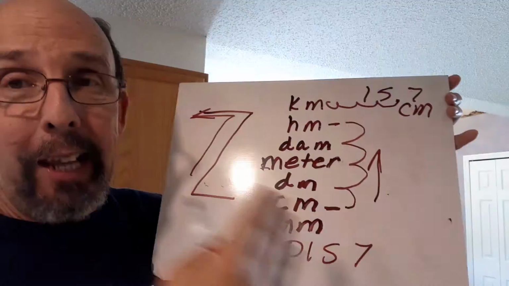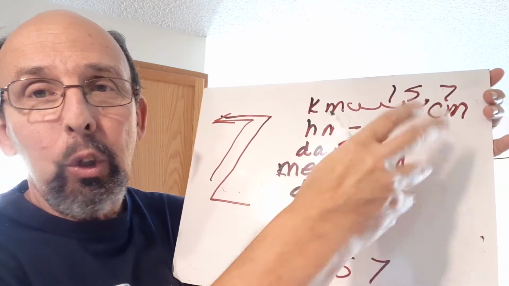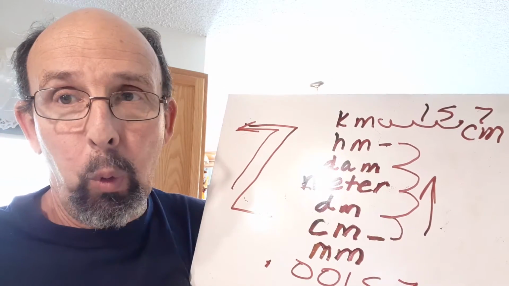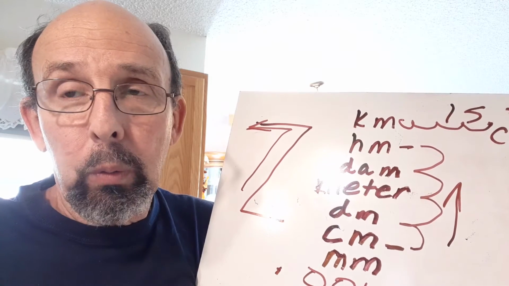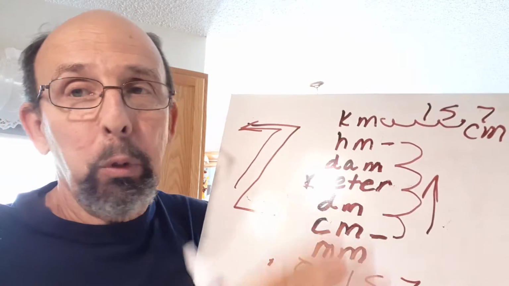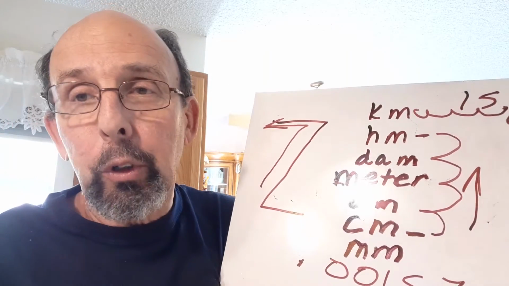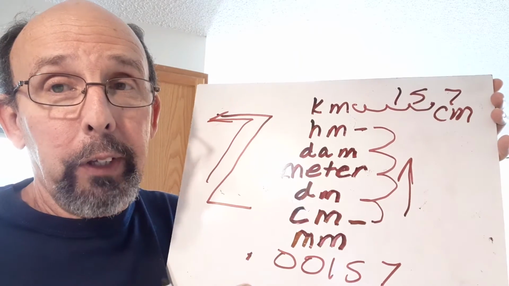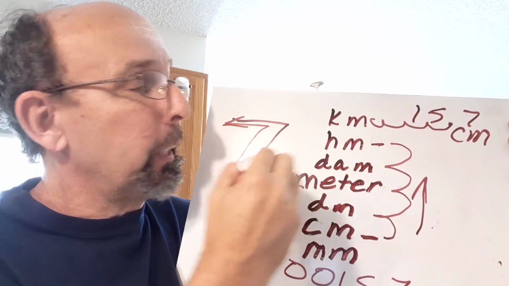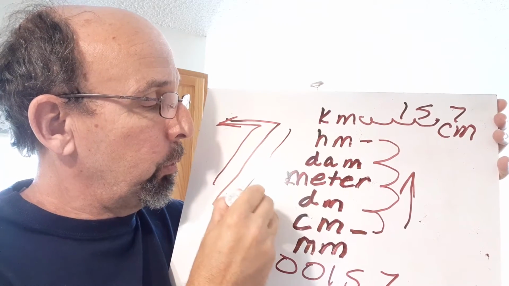All right. So that's how you move within the metric system. Eventually, you won't need to use this anymore because you'll know. I'm going to move 4 decimal places, and you'll be able to do it. But until then, this little Z here: if you move going down, the decimal place goes to the right.